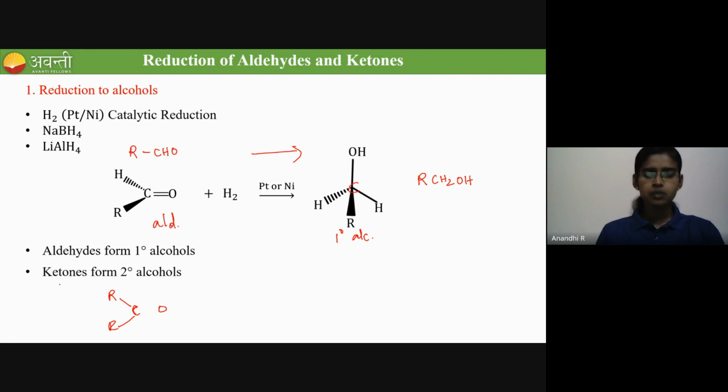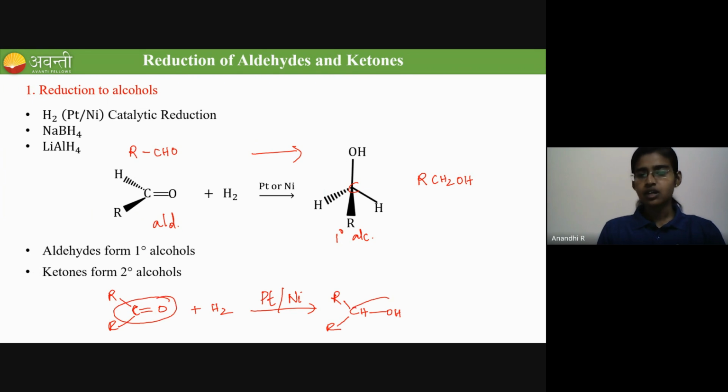So this is a ketone. And ketone on reaction with H2 in presence of platinum metal or nickel metal forms secondary alcohol of formula RCHOH R. So the C double bond O is getting converted to CHOH in case of ketone and forms the secondary alcohol. Got it?